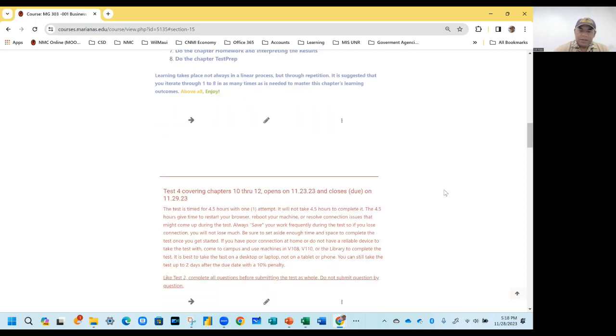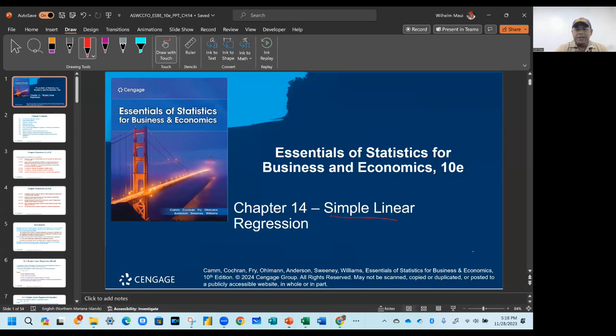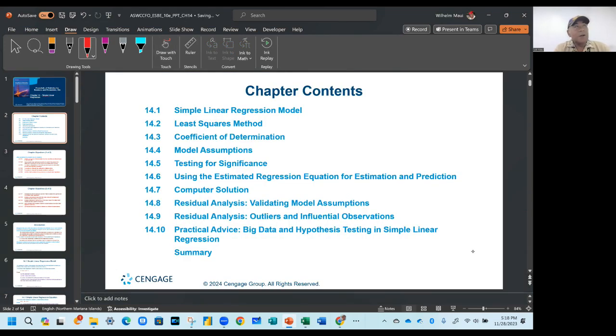Okay, so let's go and look at chapter 14, no? Again, simple linear regression. For this chapter, there's quite a bit of content to cover. We look at the simple linear regression model, and then we look at the least squares method. We will see that it's really similar to what we've looked at before, right?